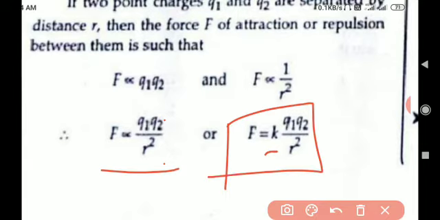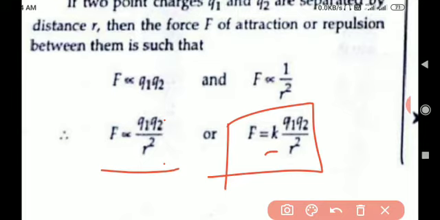We will get F is equal to q1 q2 upon r square. Now here, to remove the directly proportional sign, we will have to add some constant. As we considered k as the constant of proportionality, we add the k here. So our final equation will be F is equal to k q1 q2 upon r square.